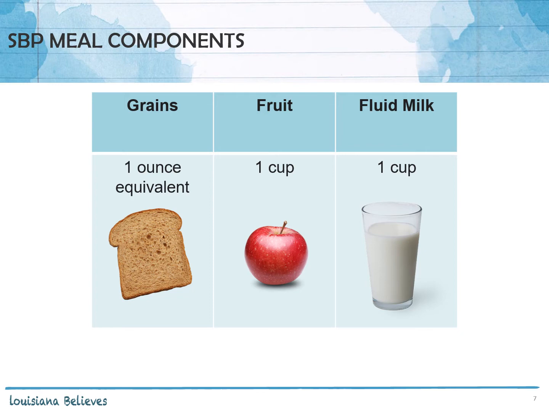The minimum daily requirements are the same for all 3 grade groups: K to 5, 6 to 8, and 9 to 12. 1 ounce equivalent of grains, 1 cup of fruit, and 1 cup of milk, which must be low-fat or fat-free, unflavored or flavored. The weekly requirements for the age grade groups are different, however, as we will see in the upcoming slides.